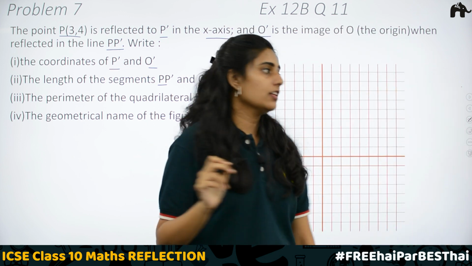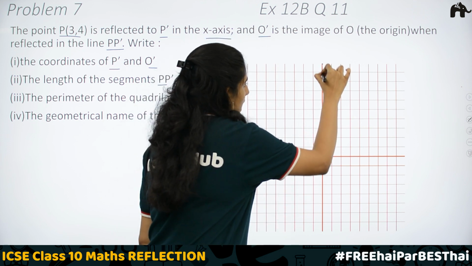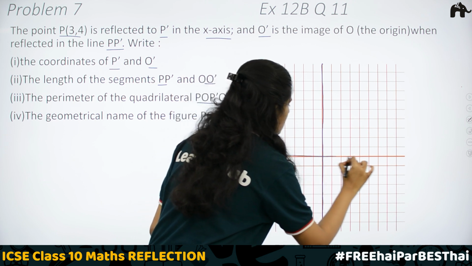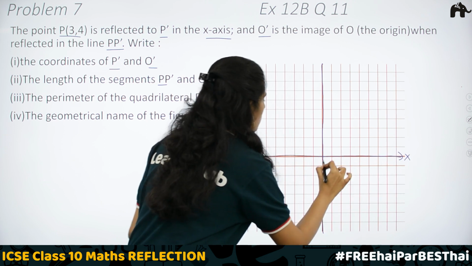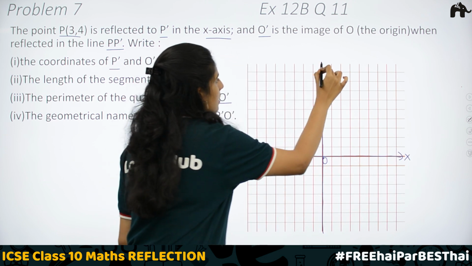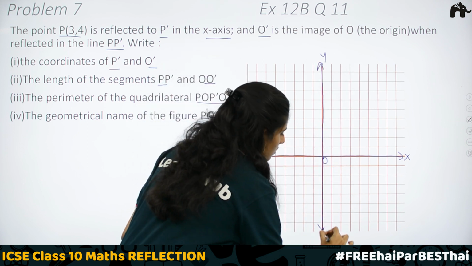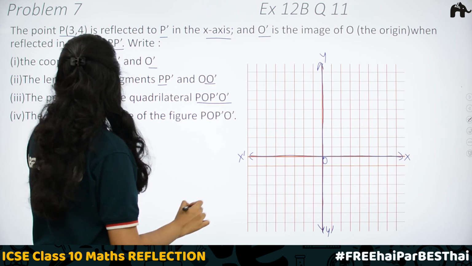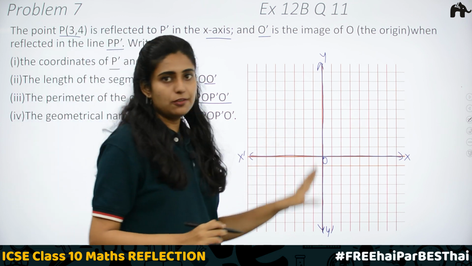Here, consider this graph. We have the x-axis and y-axis, this is x', y, y'. Now, the point P(3, 4), we have to mark it.